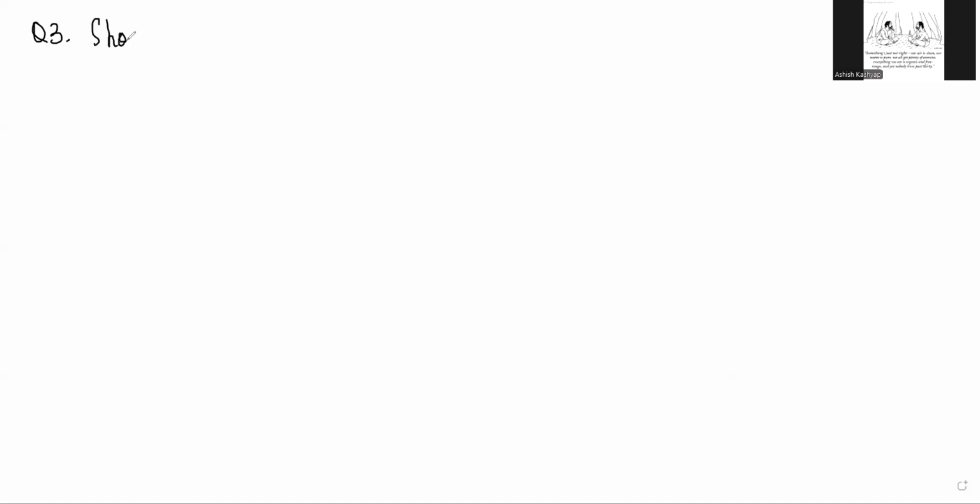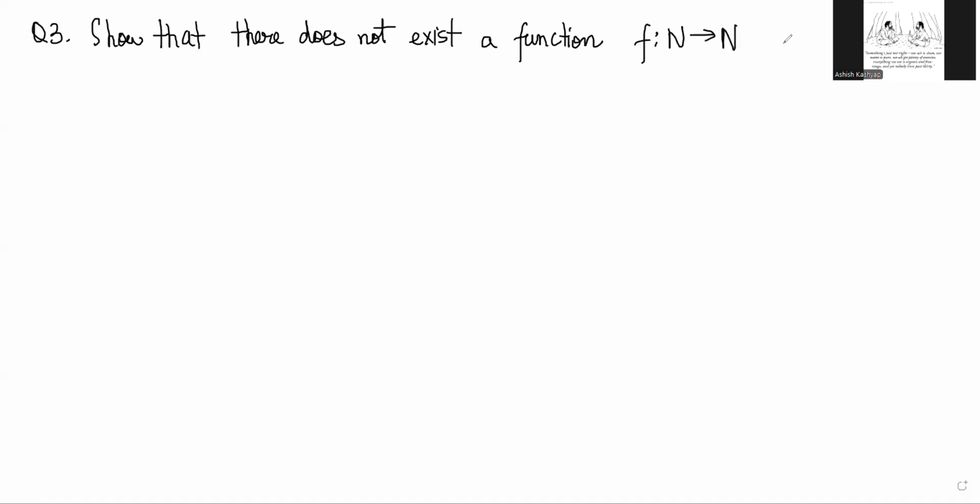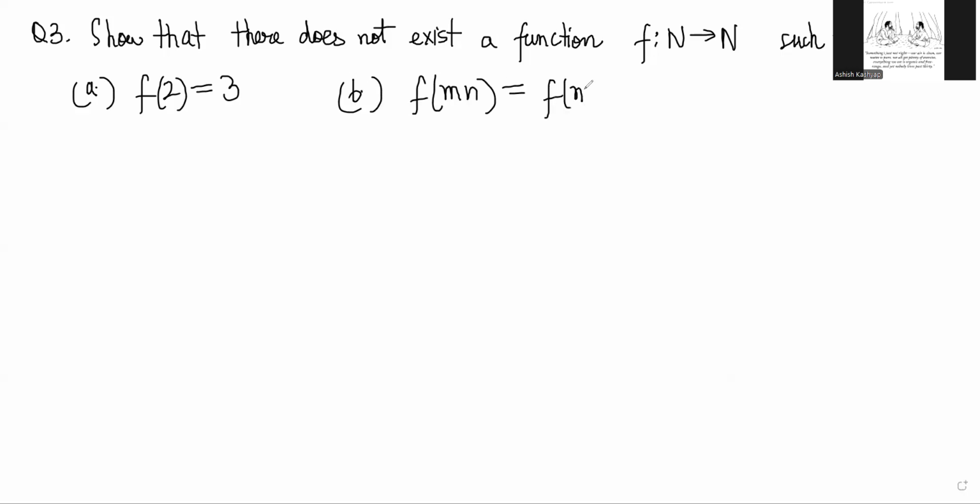So the question says, show that there does not exist a function f from n to n such that first condition is f of 2 is equal to 3. Second condition is multiplicative condition as we saw earlier.